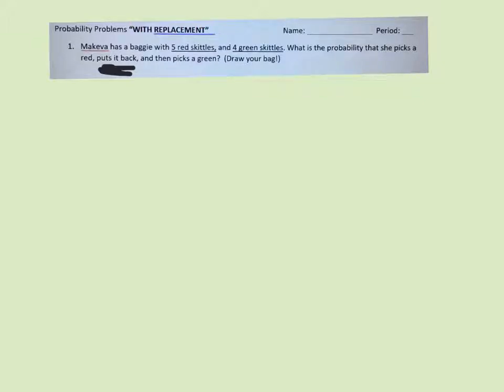So I'm going to set up my problem, and I'm going to read my question again. She picks, what's the probability she picks a red, puts it back, then picks a green? All right, so I'm going to write a note. So what's the probability of picking a red? Then she'll put it back, and then she'll pick a green.